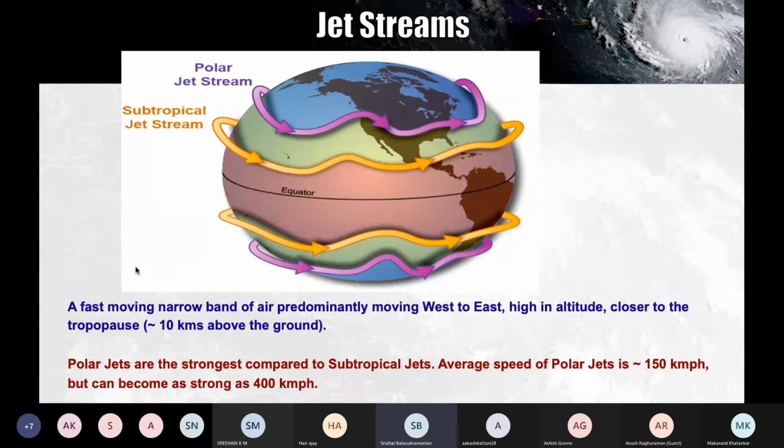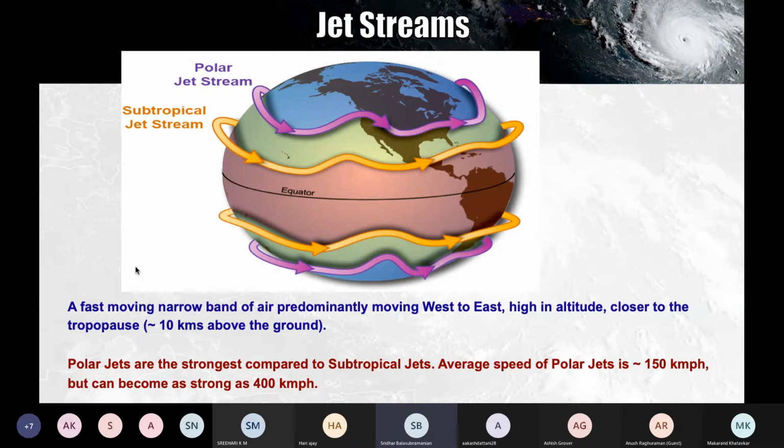Okay, so let us now move on to the jet streams. There was some interesting discussion about jet streams yesterday, and there were some questions on how the jet stream modulates or how it moves, summer jet stream versus winter jet stream.